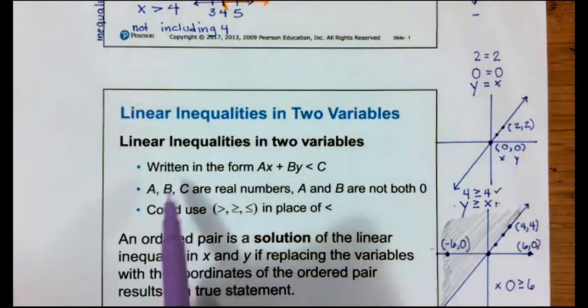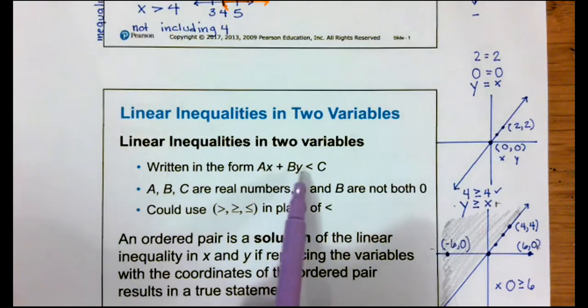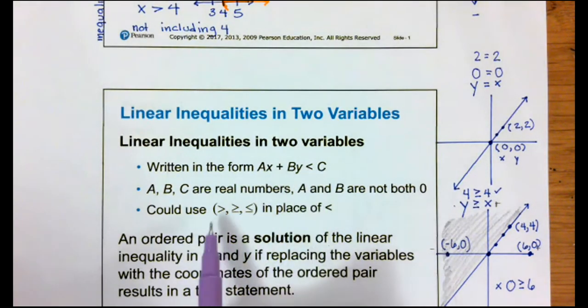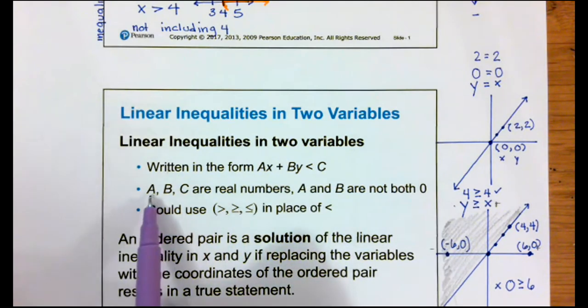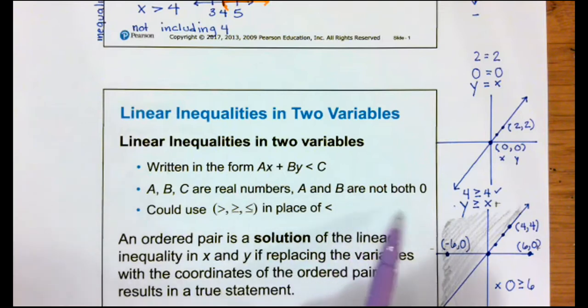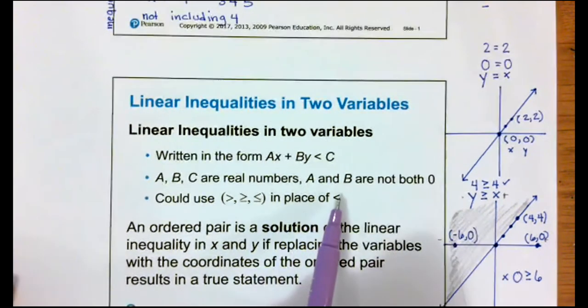So this says it's written in the form ax plus by is less than c, or it could be greater than or equal to, less than or equal to, okay? These are real numbers. They are not both 0, and it could use any of the 4 symbols.